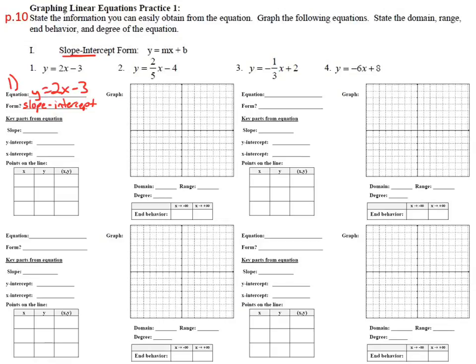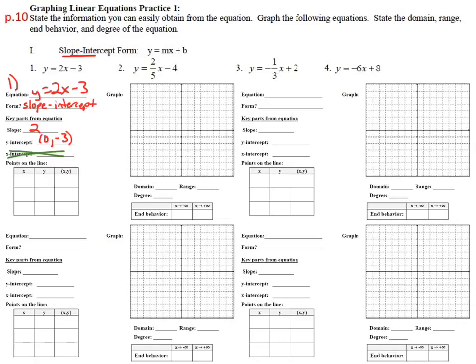So our slope is the coefficient of x, which is 2, and our y-intercept is the constant at the end, minus 3. Now keep in mind that is an ordered pair, so we want to write it as an ordered pair 0, negative 3. The x-intercept we're not getting directly from our equation, so we're going to ignore that for right now.